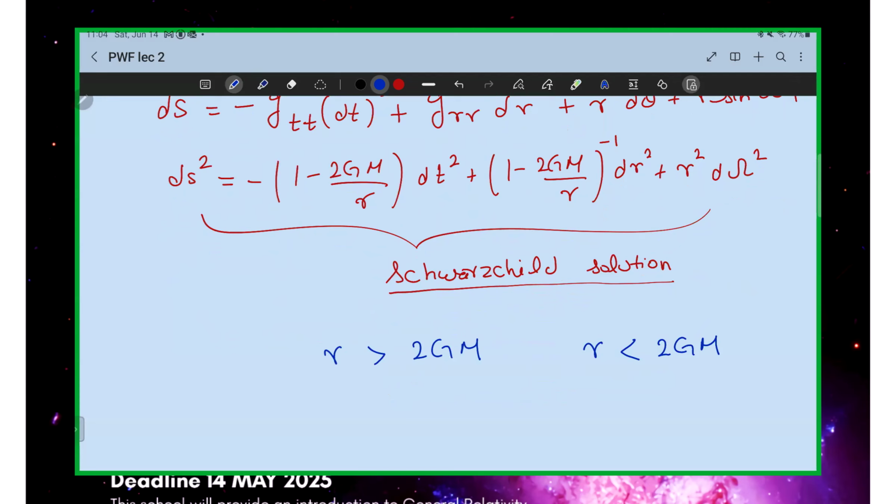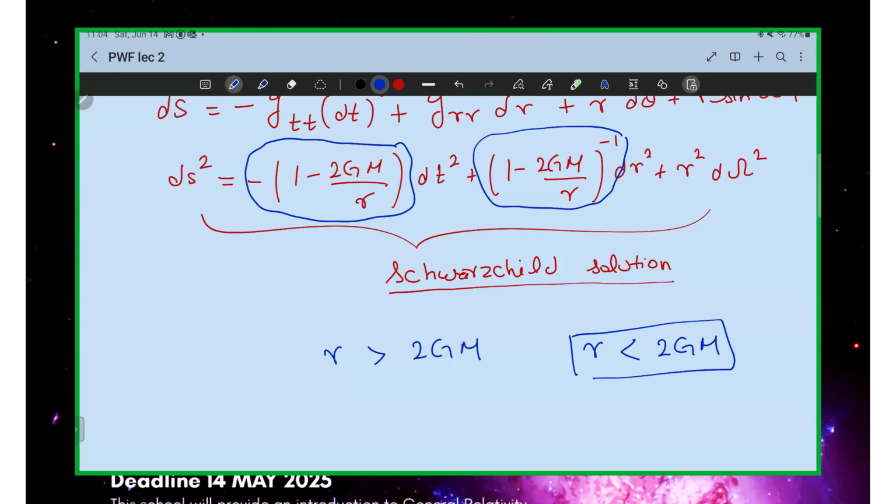We do know that the metric component that comes with time is negative, and the metric component that comes with space is positive. But when r is less than 2GM, this thing, which was negative when r was bigger than 2GM, now becomes positive. And this thing, which was positive when r was bigger than 2GM, now becomes negative.